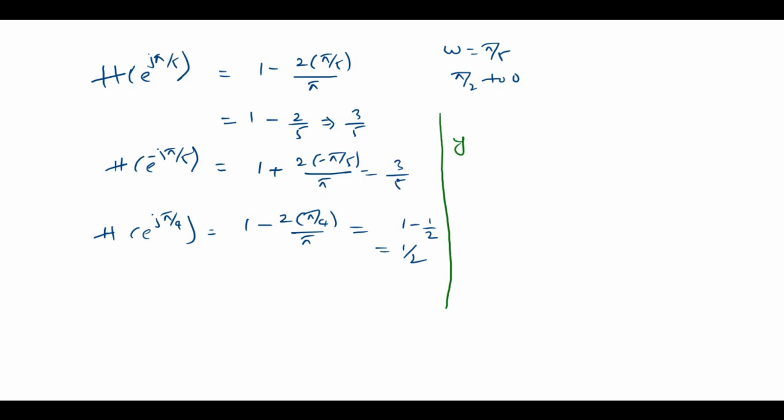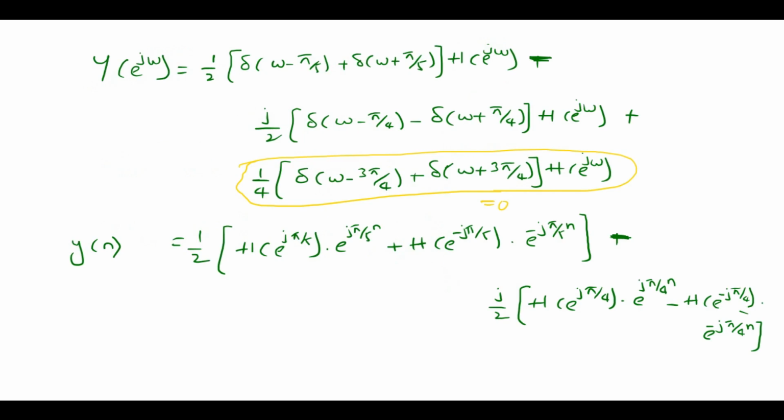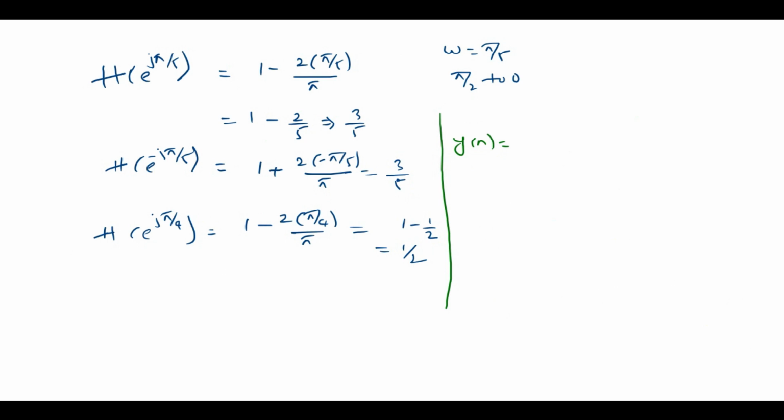Now y of n becomes 1 by 2 into 3 by 5. 3 by 5 I am taking as common. The remaining term is e power j pi by 5 n minus e power minus j pi by 5 n.